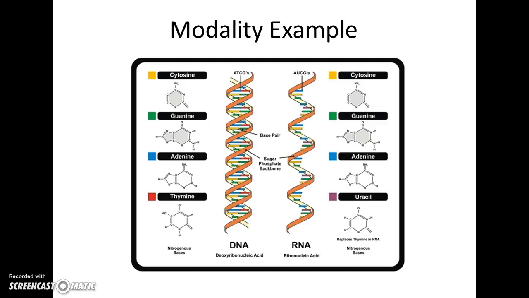DNA is a double helix structure, while RNA is single stranded. DNA never leaves the nucleus of the cell, while RNA does. DNA also is only one form, while RNA takes three forms: mRNA, tRNA, and rRNA.